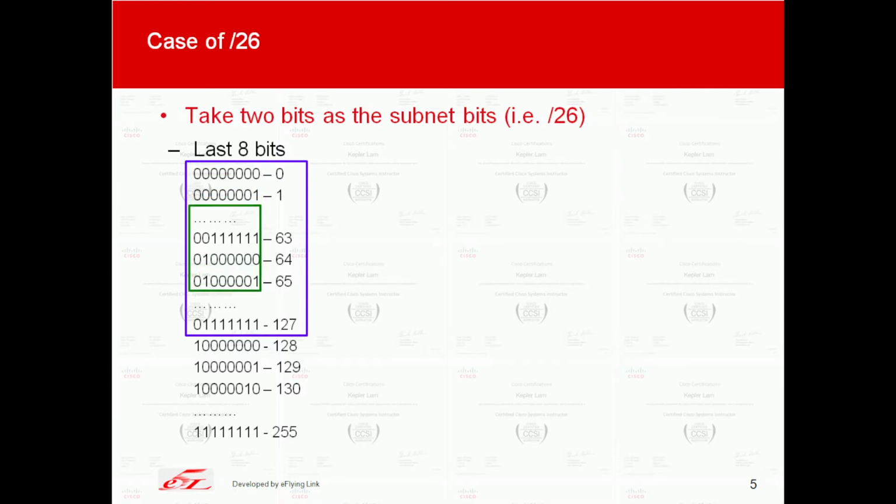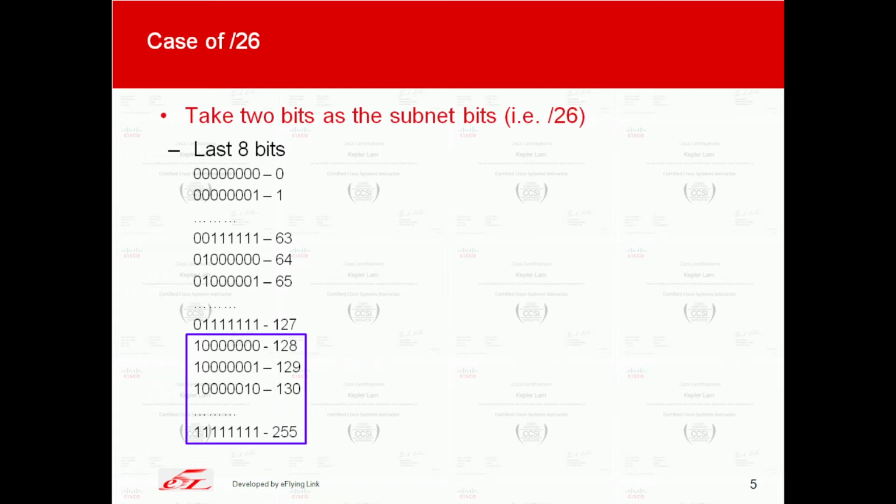The second portion starts with 0, 1 and then 6 zeros up to 0, 1 and then 6 ones. In decimal, the first portion begins with 0 up to 63, and the second portion begins with 64 up to 127. It applies to the next 128 addresses as well. That means we further divide the next 128 addresses into two same size portions, each with 64 addresses.